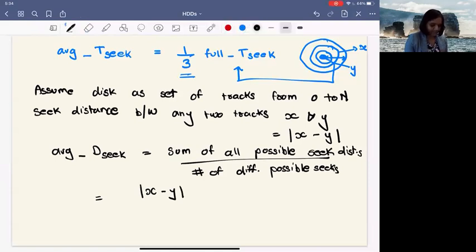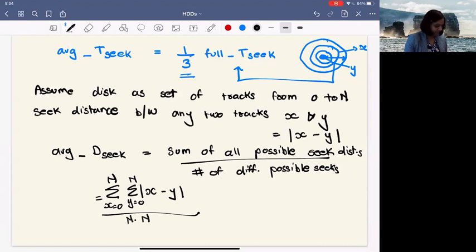And there are two tracks here, x and y. So x can be anywhere between 0 to n, y can be anywhere between 0 to n. So summation of y anywhere between 0 to n and x anywhere between 0 to n divided by number of different possible seeks. Now, how many different possible seeks can happen between the n tracks?